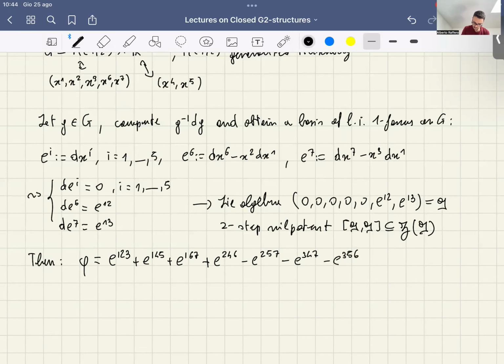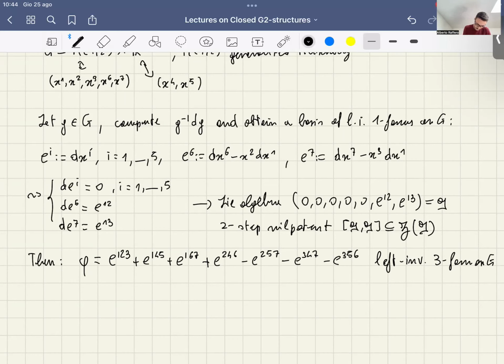And this is a left invariant 3-form on G, on the group. So it is invariant by left translations of the group.